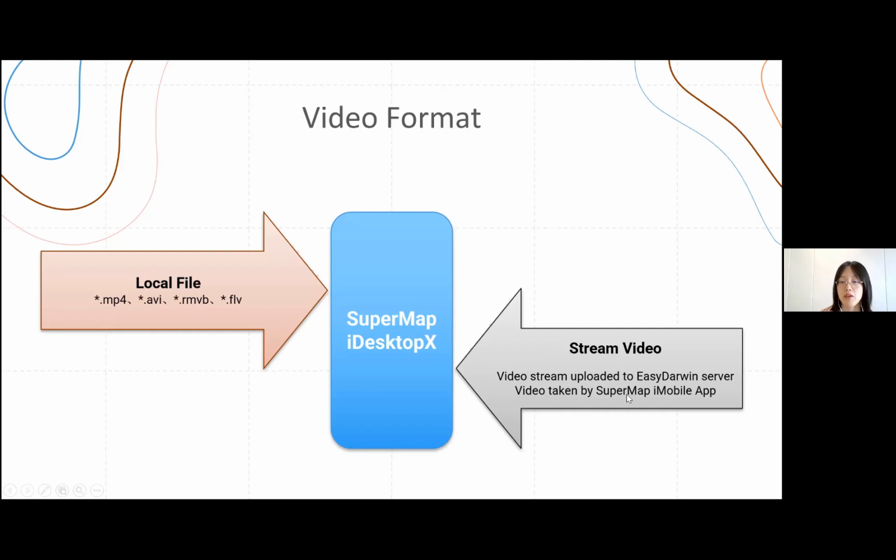Or we can use the SuperMap iMobile app to take videos, and that kind of video can be directly imported into SuperMap iDesktopX as well. For today's session, we will learn a simpler way, so we will only use a local video file in our demos.